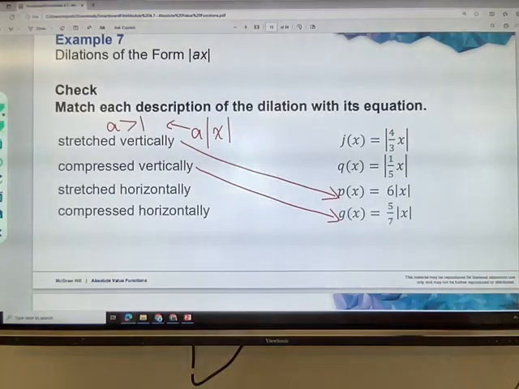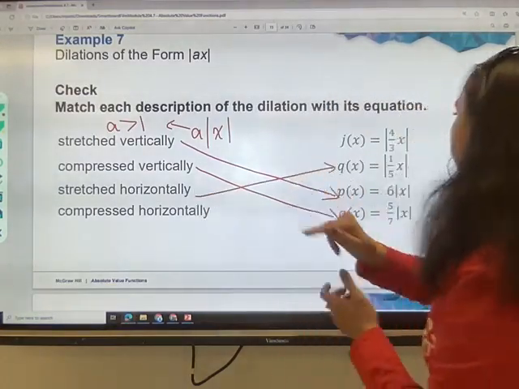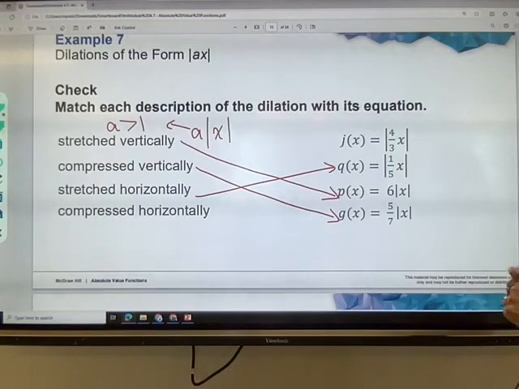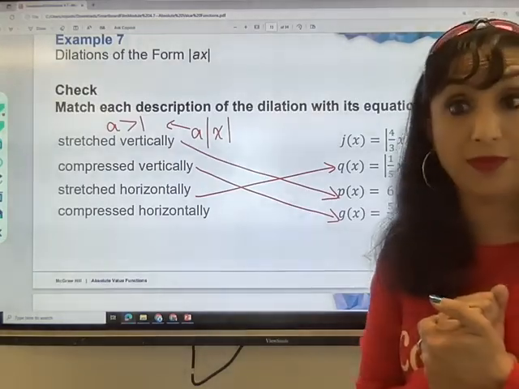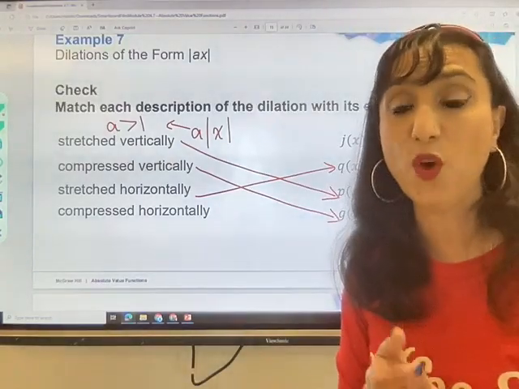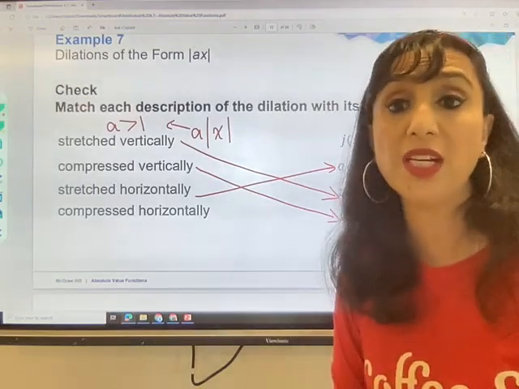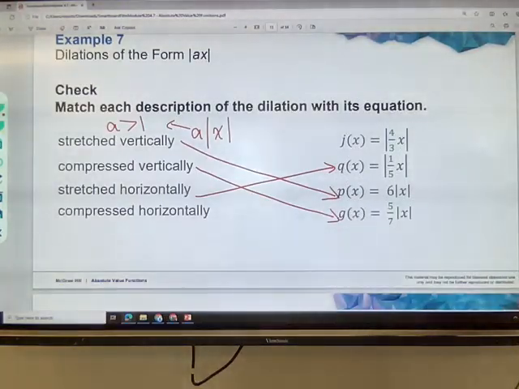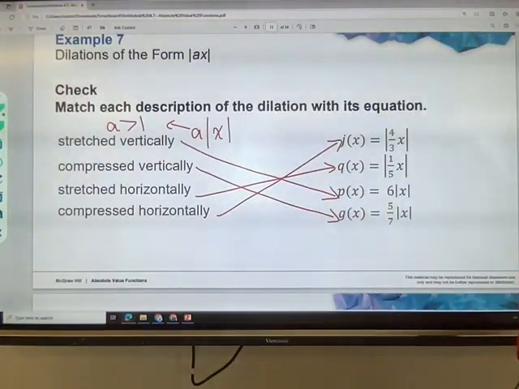So stretched horizontally is going to be this one. And in this one, since it's horizontal, A has to be greater than 1. Is 4/3 greater than 1? Yes, because 3/3 is 1. So 4/3 is greater than 1, and this one is compressed horizontally.